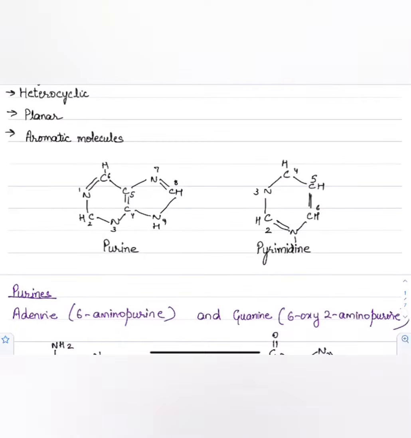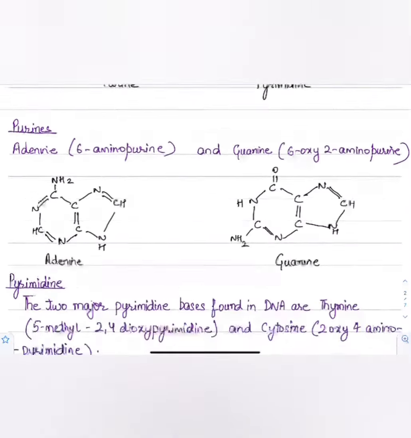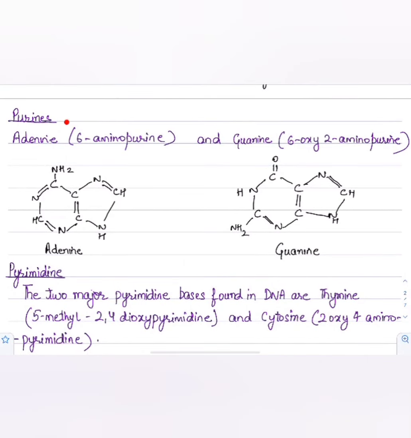Purines have a 9-membered ring made of carbon and nitrogen, whereas pyrimidines have a 6-membered ring, numbered 1 2 3 4 5 6, containing carbon and nitrogen.